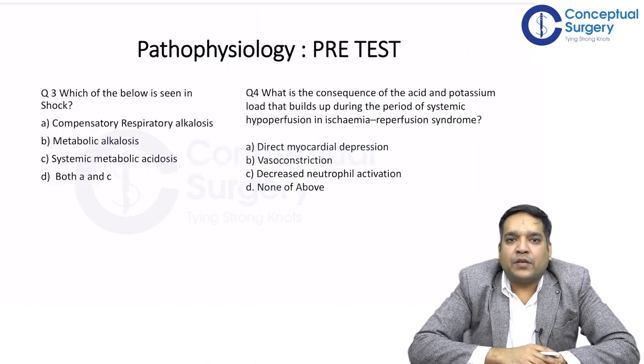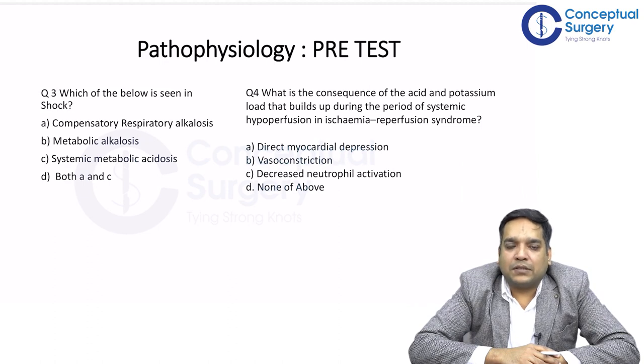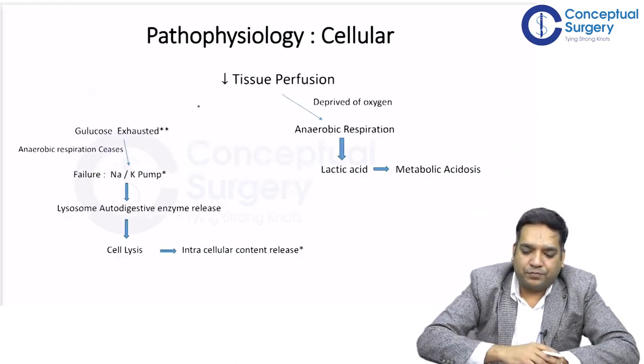Question number 3. Which of the following is seen in shock? Compensatory respiratory alkalosis, metabolic alkalosis, systemic metabolic acidosis, both A and C. Question number 4. What is the consequence of acid and potassium load that builds up during the period of systemic hypoperfusion in ischemia reperfusion syndrome? Direct myocardial depression, vasoconstriction, decreased neutrophil activation, and none of the above.